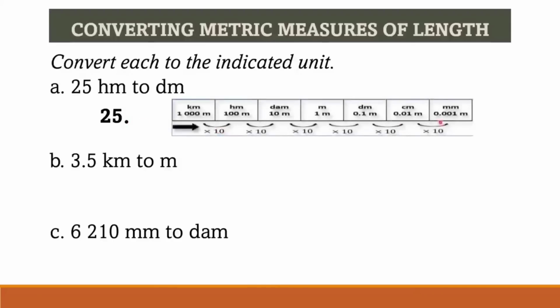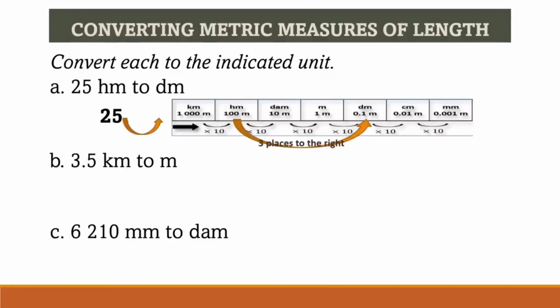After that, we can use this diagram and locate hectometer, and we count the number of times we move to the right. For every movement that is 10, another movement that will be 100, another movement that will be 1000. So again, hectometer to decimeter is 1, 2, 3. 3 movements to the right. That means that our decimal point will move 3 places to the right.